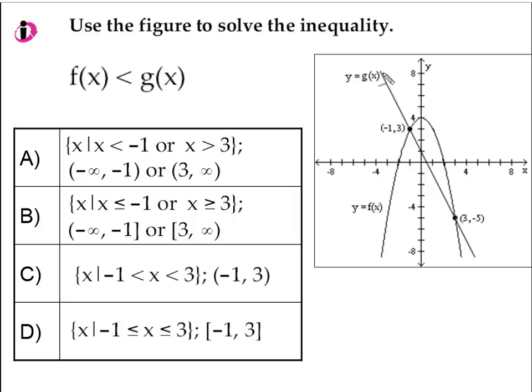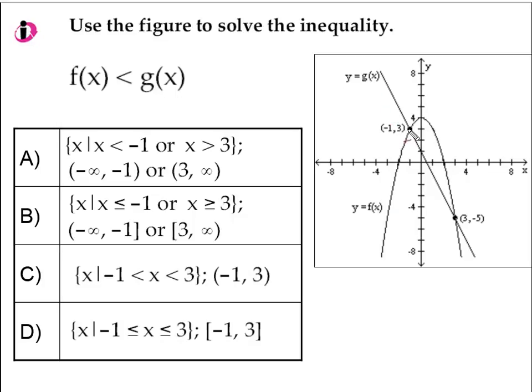So g of x is this line right here, and f of x is this parabola. So we want f to be less than g. Visually, we want f to be smaller than g, so we want the parabola to be below the line.